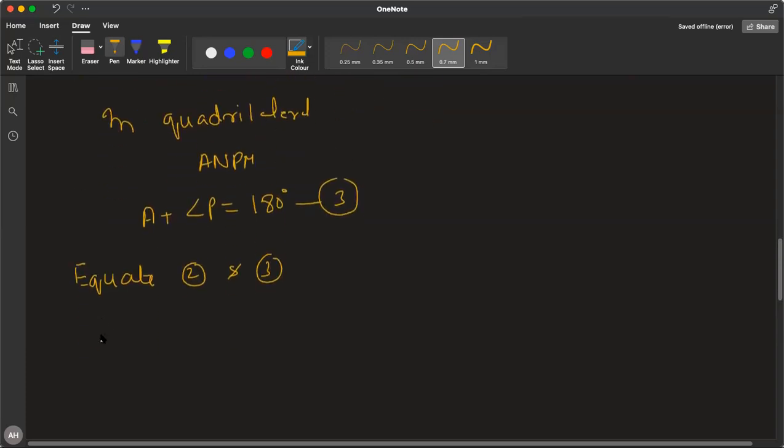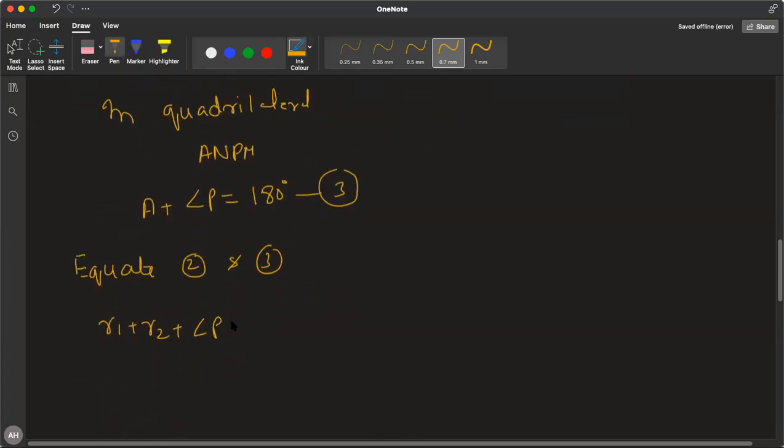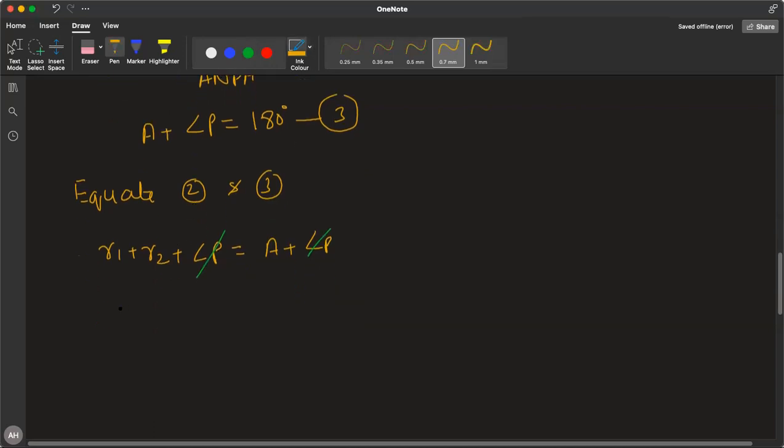When you equate them, you get R1 plus R2 plus angle P is A plus angle P. So this angle P will cancel this angle P. And you are left with R1 plus R2 is equal to A.